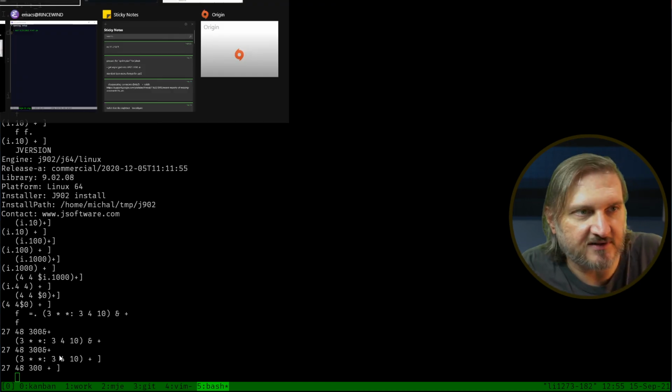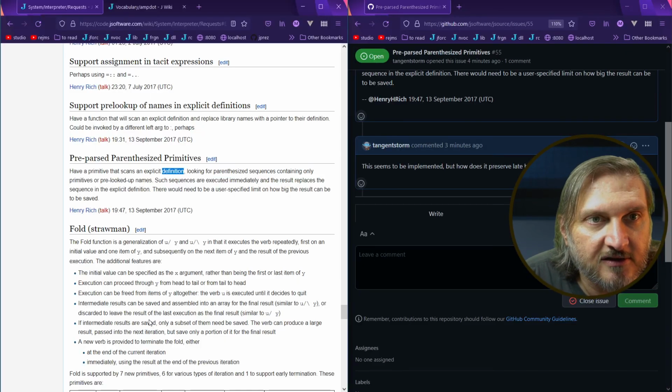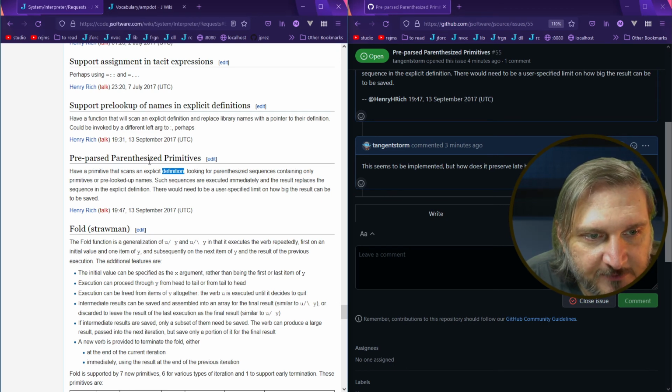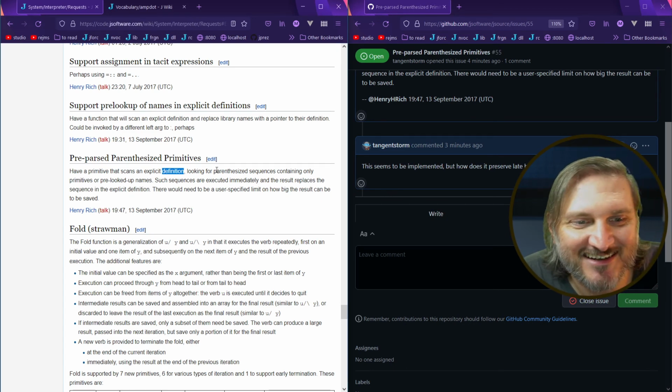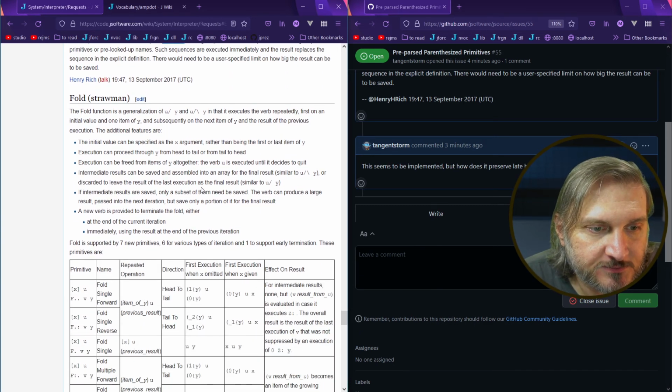Anyway, I guess this is enhancing this. The whole notion of preparse parenthesized primitives is that this is extended to explicit definitions. All right, fold.